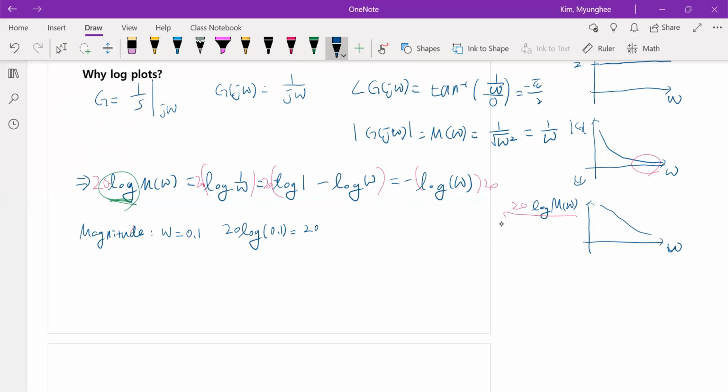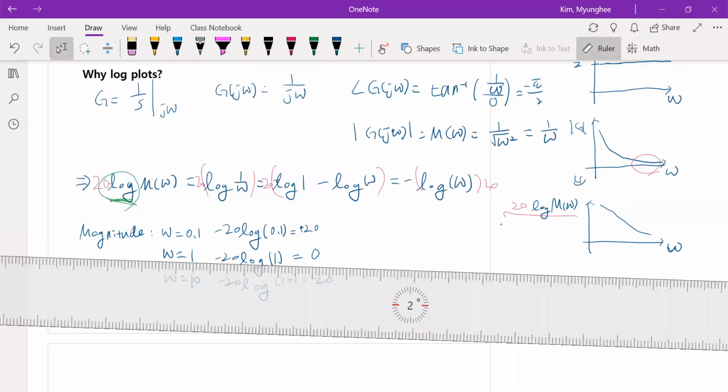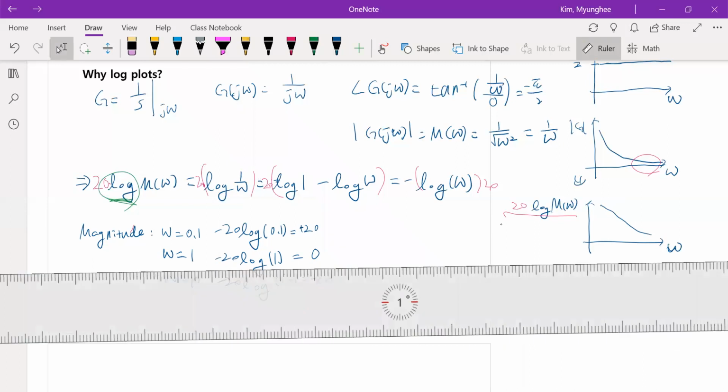And when omega equals 1, 20 log 1 becomes 0. Log 1 is 0. And then omega equals 10, actually, should be negative 20 because it's 1 over x. Minus log omega. Plus 20, 0, and then 10 becomes negative 20. So then we can draw the log plot in a little bit more precise way.